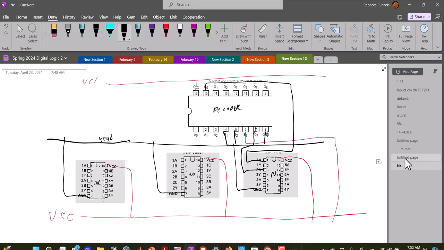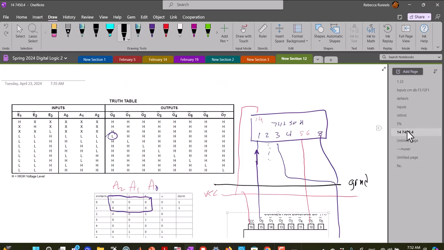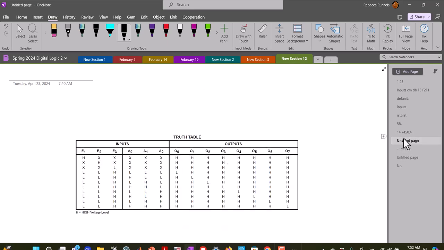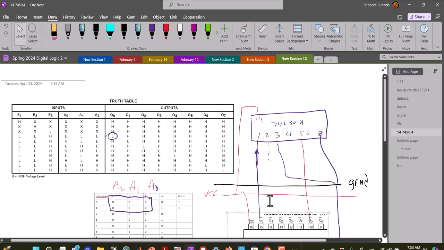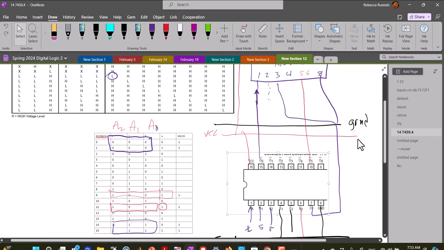I need the outputs from... I need R to go to A2.